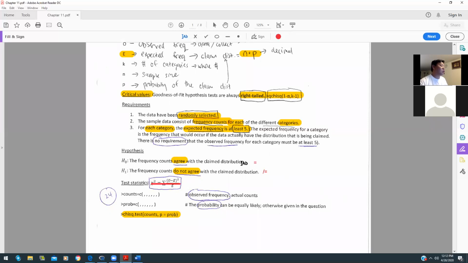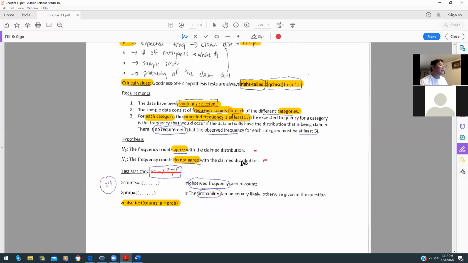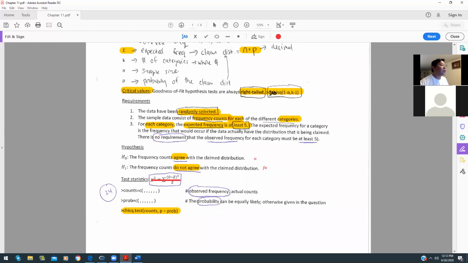After that, you can use that to find your critical value. As usual, when you do your hypothesis testing, if your p-value is less than alpha, what do you say? We reject or fail to reject H0? Reject.